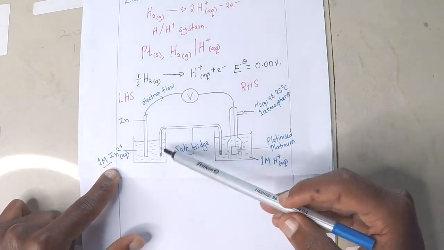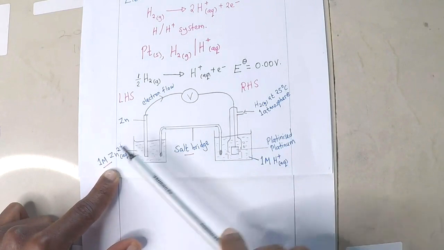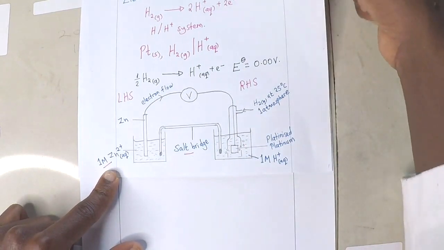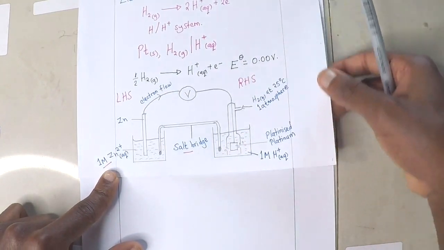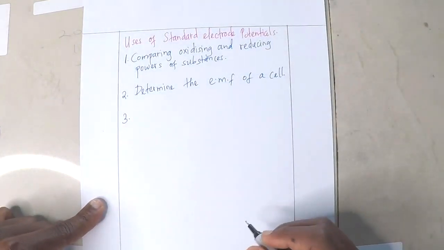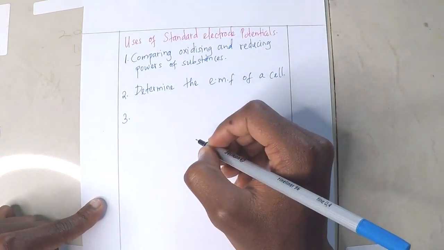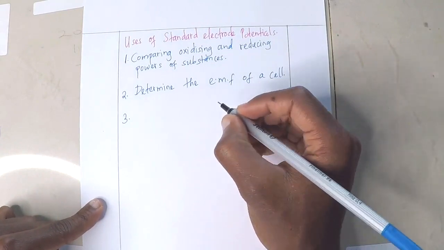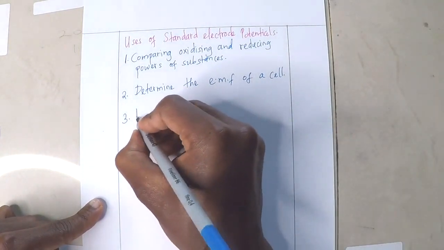The electromotive force of the overall cell can be calculated using the standard electrode potentials. I will be showing you this in a short while. Electrode potentials can be used to predict whether or not a reaction is going to take place.